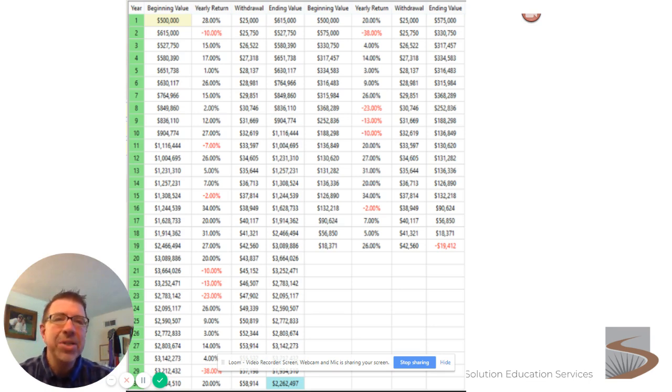So why is there this dramatic difference? Obviously, the difference between the first graph and the second graph includes the fact that we're taking distributions, but it's not that we're taking distributions alone. The left-hand side with a positive sequence of returns still worked well, even though there were distributions. The big difference is whether negative returns occur early on in retirement.